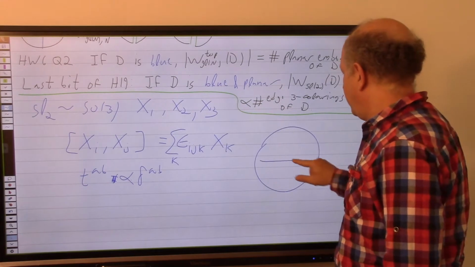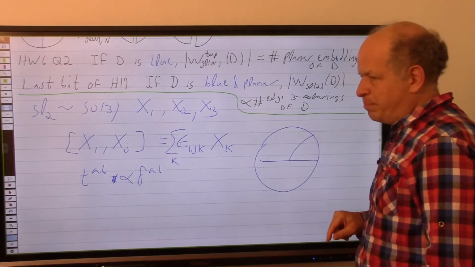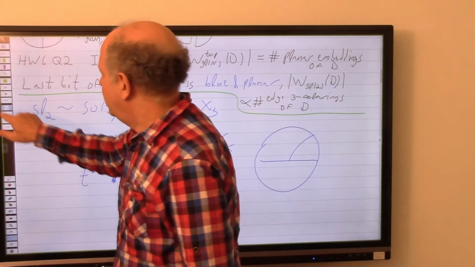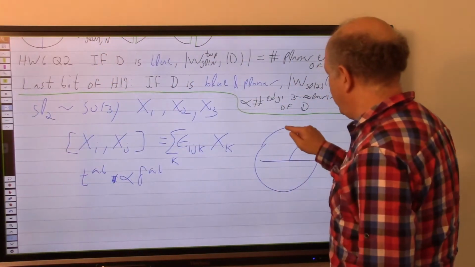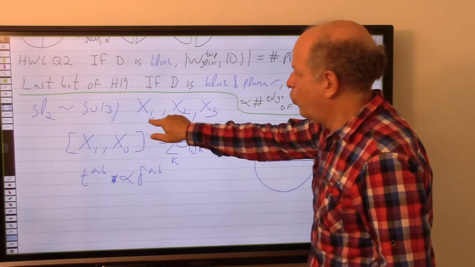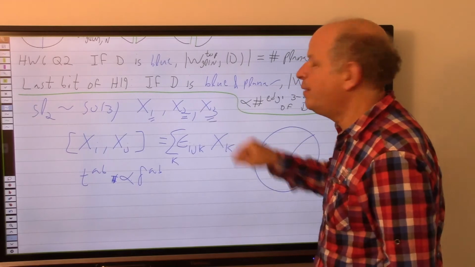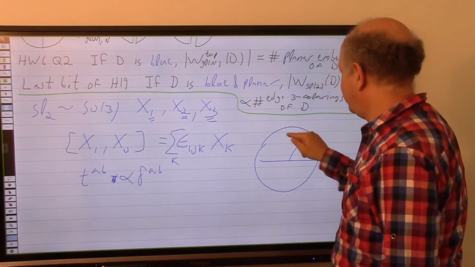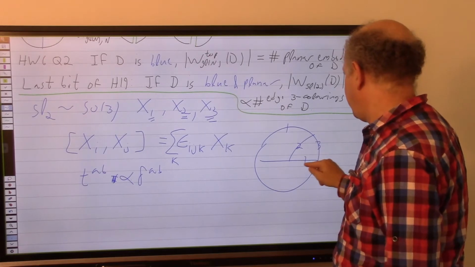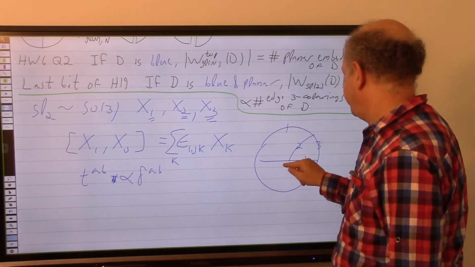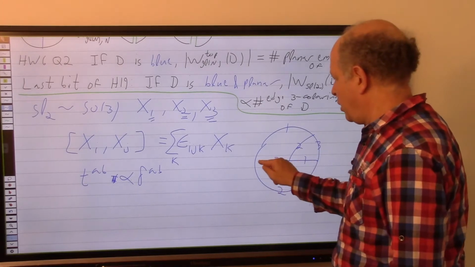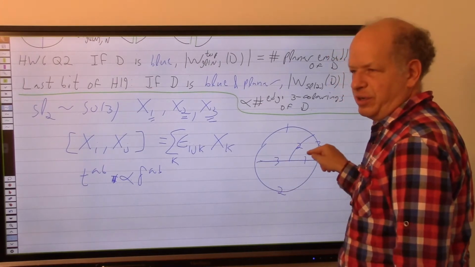then the weight associated with it is the number of ways of coloring its edges with the colors 1, 2, and 3, such that at every vertex all 3 colors appear.